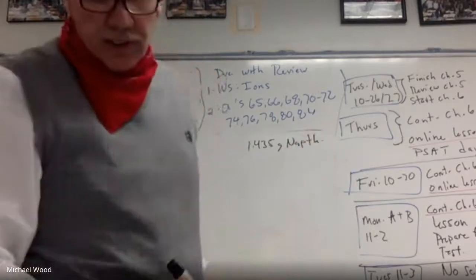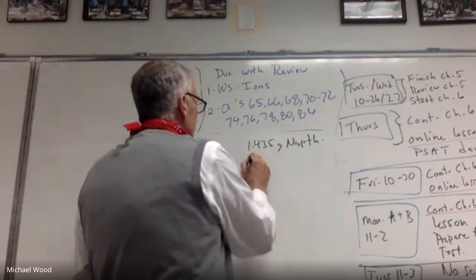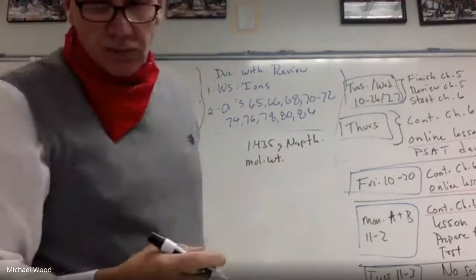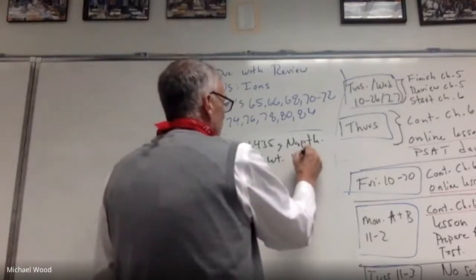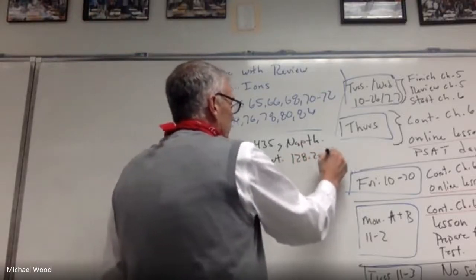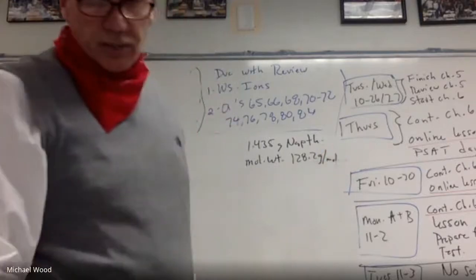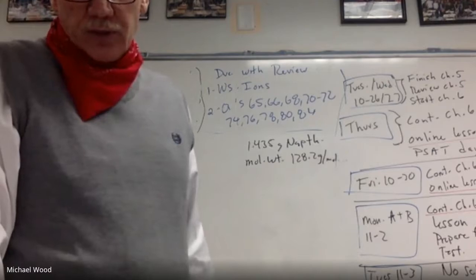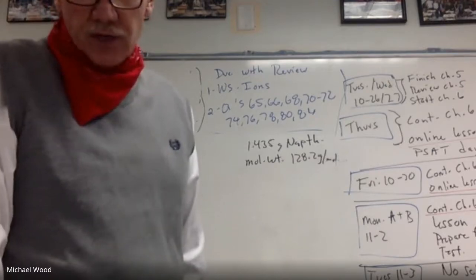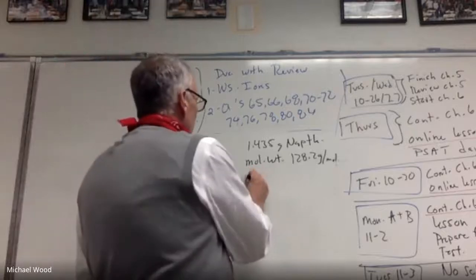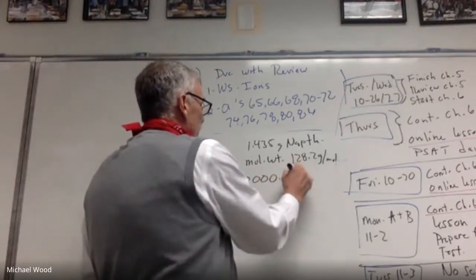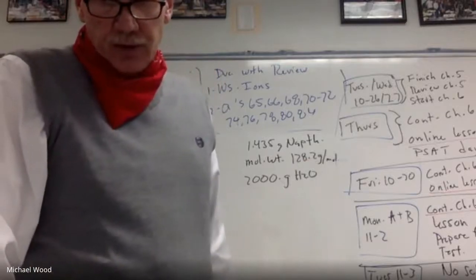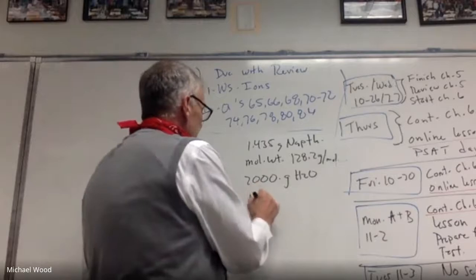It says its MW, its molecular weight, is 128.2 grams per mole. They didn't give us the formula, but they gave us the molecular weight, so I didn't have to look it up on the periodic table. It is burned in a bomb calorimeter. The temperature of the calorimeter is in 2,000 grams of water, within the calorimeter.